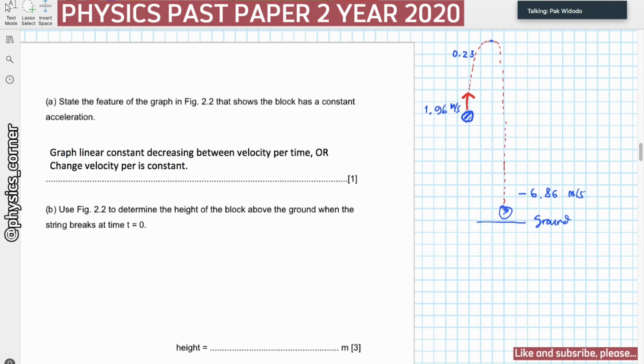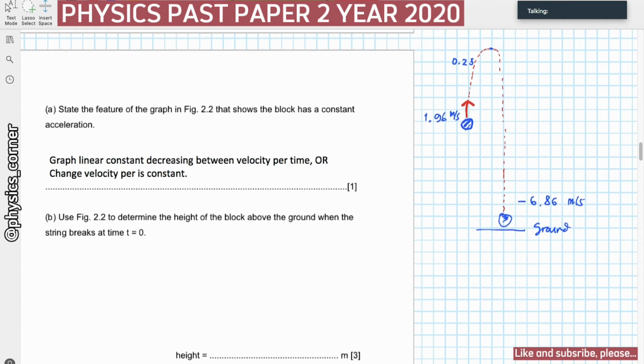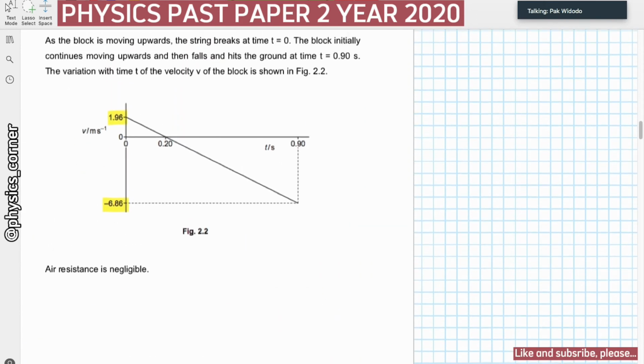Okay, then question B: use figure 2.2 to determine the height of the block above the ground when the string breaks at time t equals 0.